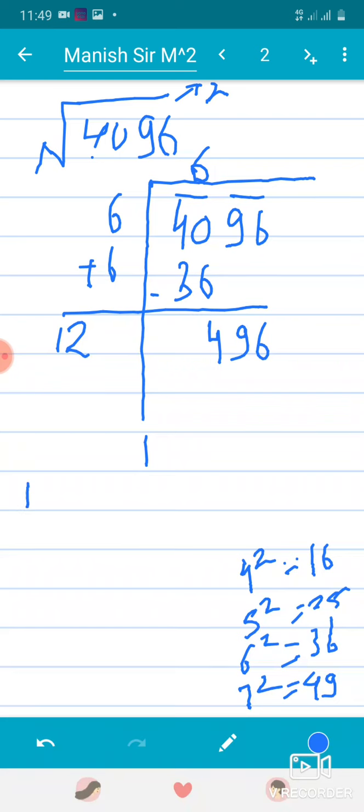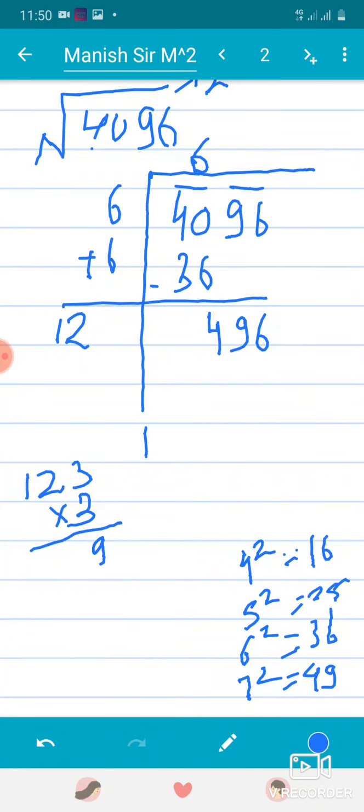So we try 3. It becomes 123. 3 3s are 9, 3 2s are 6, 3 1s are 3. It is much less than 496. Let us solve with 124.